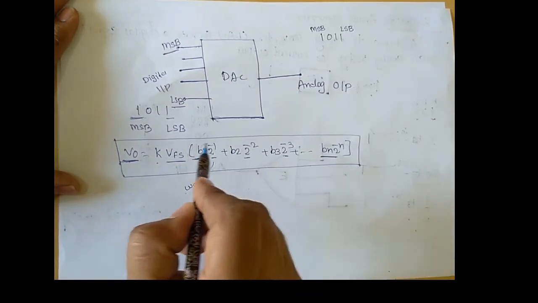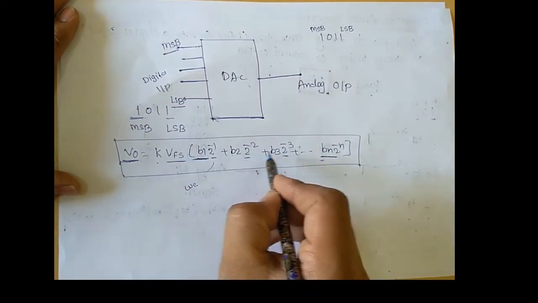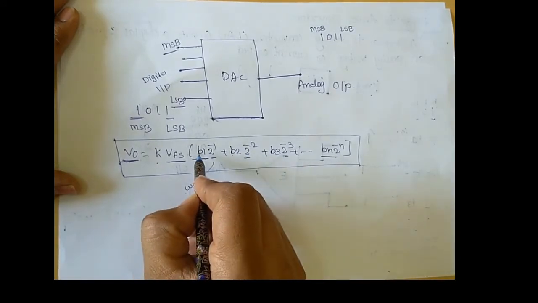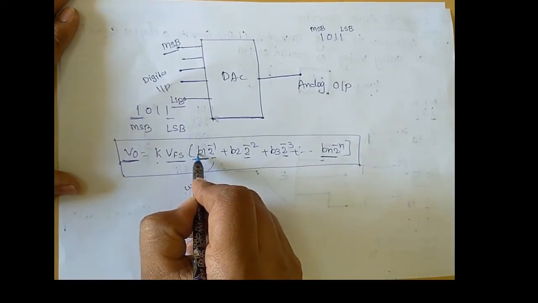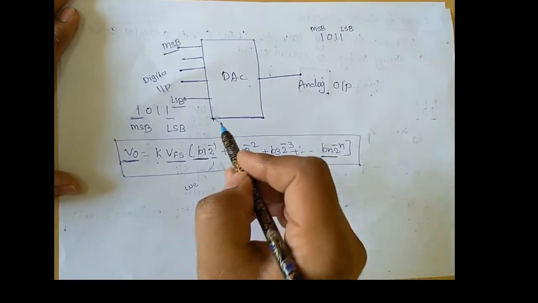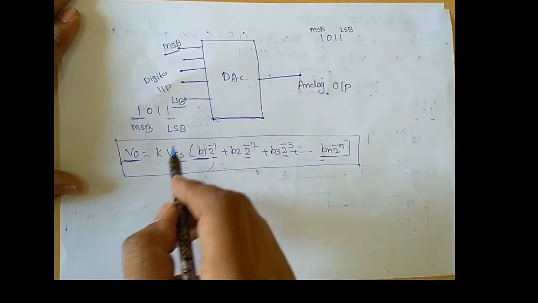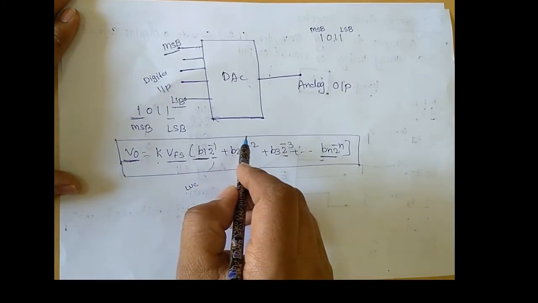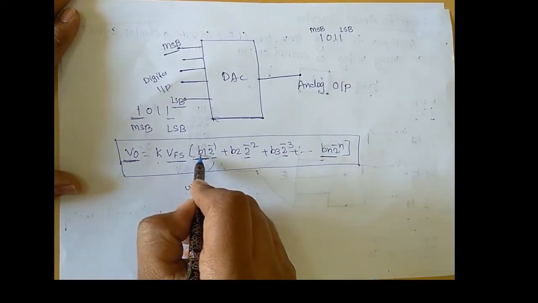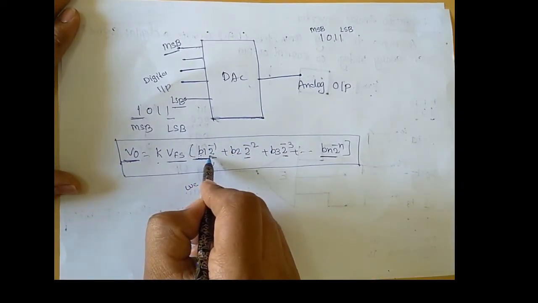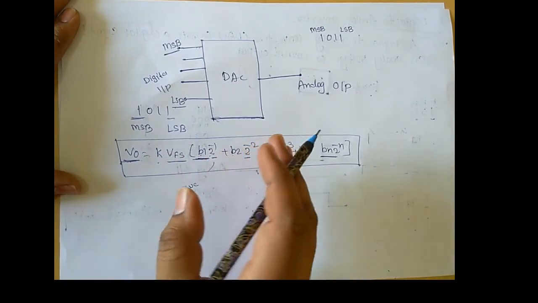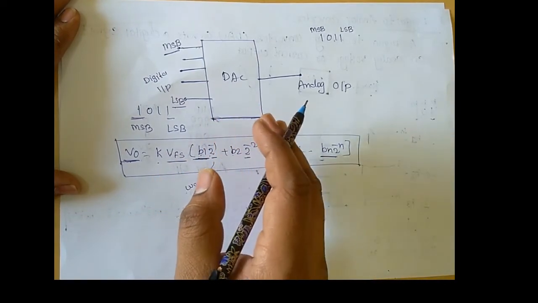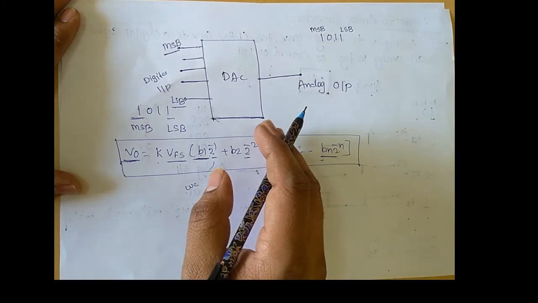Why do we consider the B1, B2 and B3 values? It means that only with respect to this binary bit value will we get the corresponding output. The switch is controlled by the given binary signal, so we multiply the binary bit with the corresponding resistor value. In this way we get the output voltage expression of this digital to analog converter.